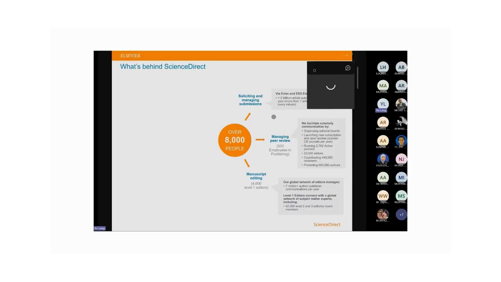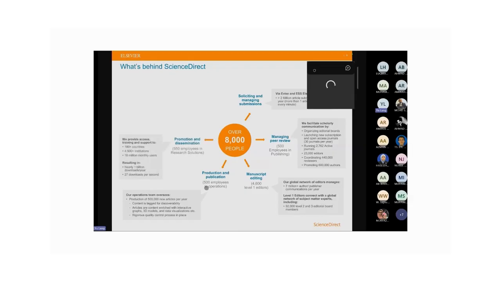Then we send all the articles for peer review, and we produce about 500,000 new articles every year. Of course, each individual Elsevier journal has its own average acceptance rate, which you can find on its journal homepage. Once articles are ready for publication, a global operations team manages the publication process, tagging the article for discoverability and controlling for quality.